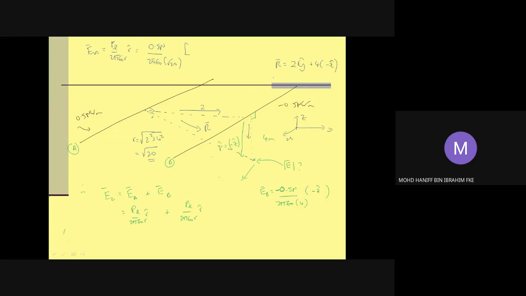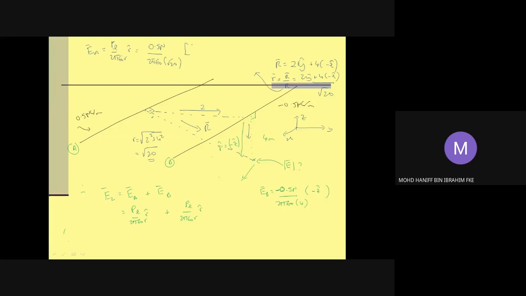And from here, we can find that the unit vector of R should be equal to vector R over the magnitude of R, which will be 2y plus 4 of negative Z divided by root of 20. So that's how you obtain the unit vector of R. So substitute this into the equations here.